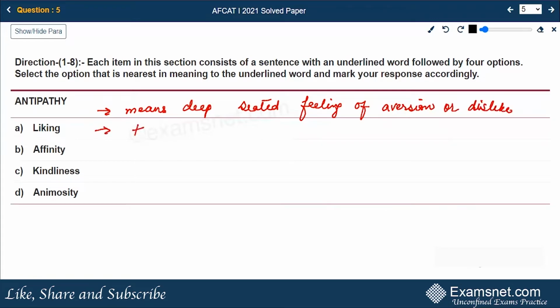Liking, of course, means to like someone. Affinity means a natural liking for someone or something.